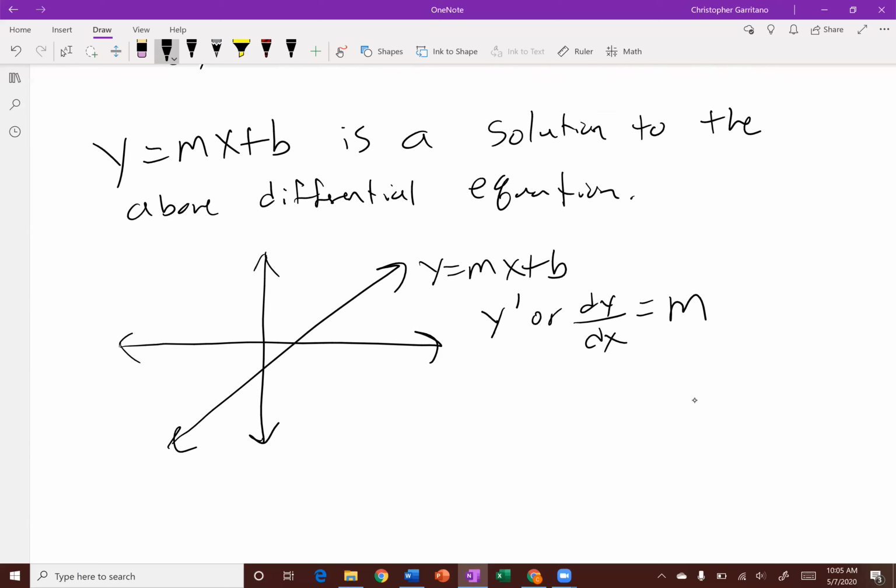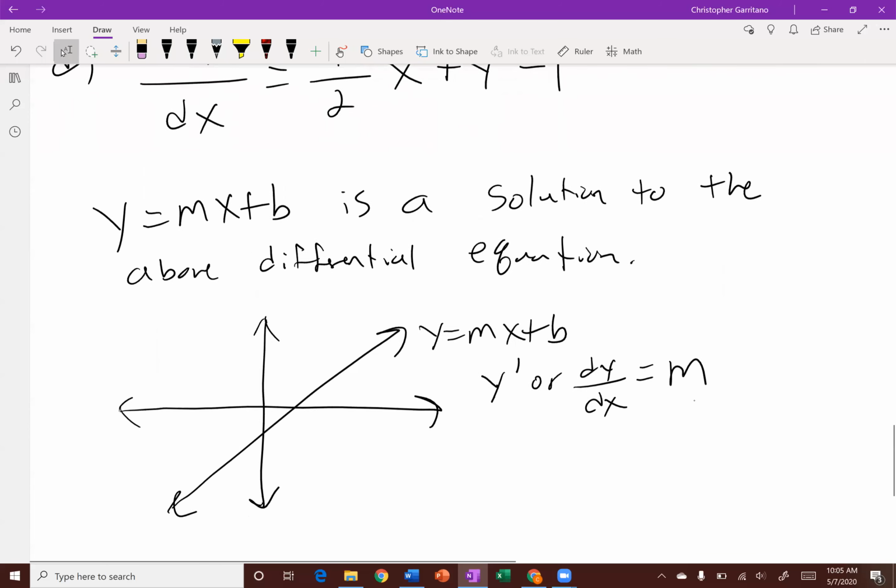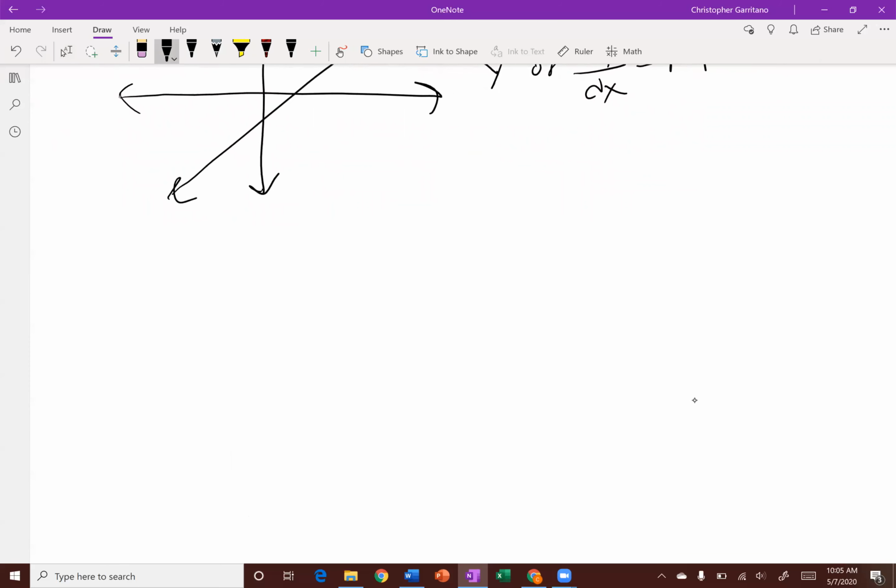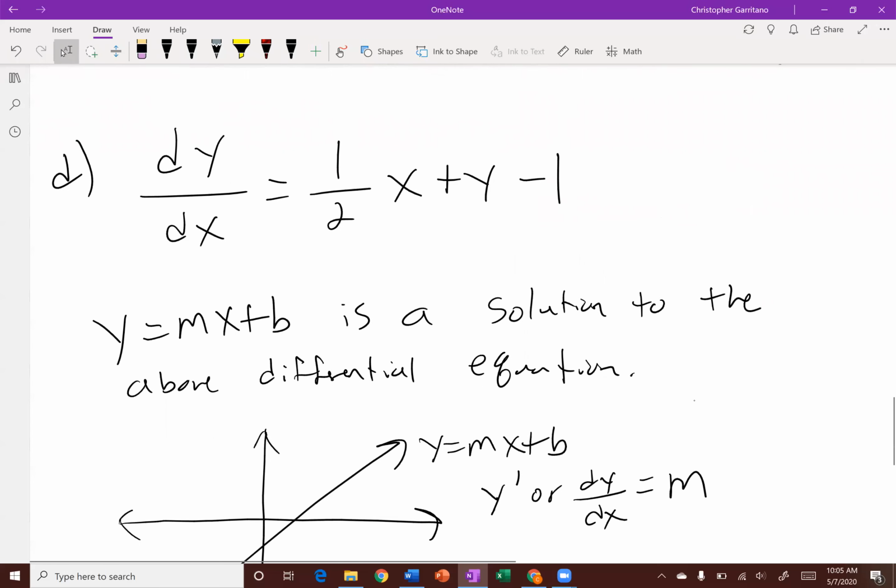That's one nice thing about lines, their slopes are constant. So the fact that we have a linear solution curve means that dy/dx is equal to that m term in the linear equation. So we can use that fact to say that m equals 1/2 x plus y minus 1, right?